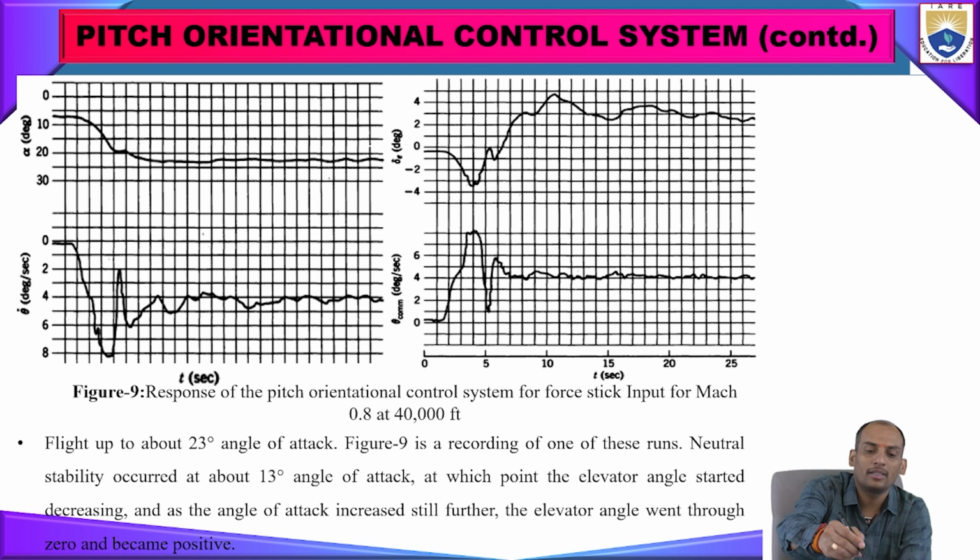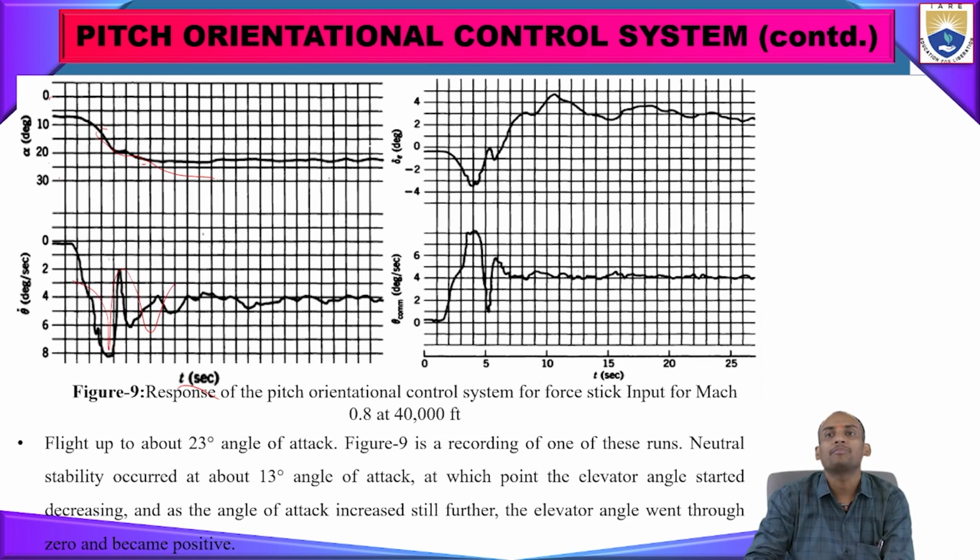See here, for time t in seconds, whenever the angle of attack is increasing from 0 to 23 degrees, between 0 and 8 degrees we have the elevator angle and pitch angle alpha. Here the response is stable and here it is somewhat oscillatory. For neutral stability, it occurred at about 30 degrees angle, at which point the elevator angle started decreasing.